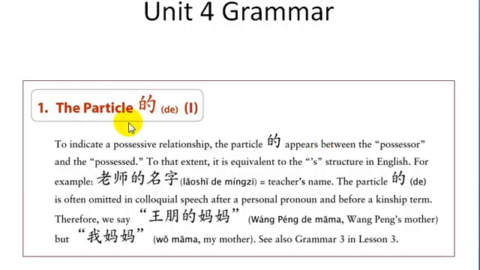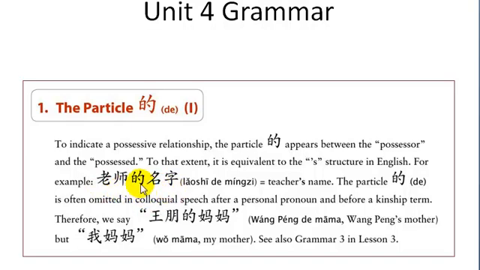Okay, in this unit you were introduced to the particle 的, which indicates a possessive relationship in its place between the possessor and the possessed. So for example, you have teacher here, 老师, and you have name here, 名字.